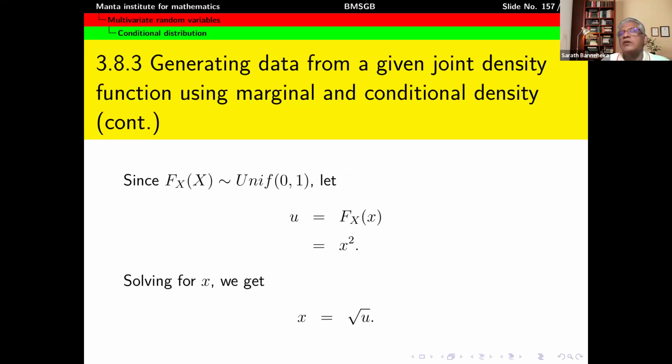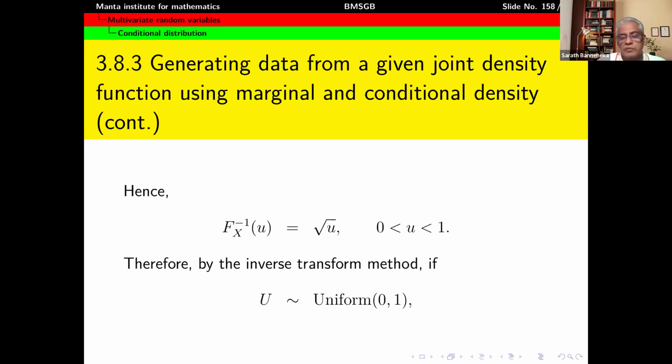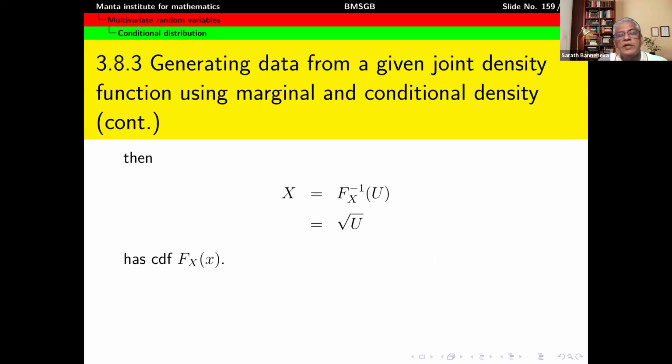Then the resulting values will have the required CDF, right? So if I want to generate data from that particular CDF, that is the method. Then x equal to the square root of u will have the CDF of F_X.